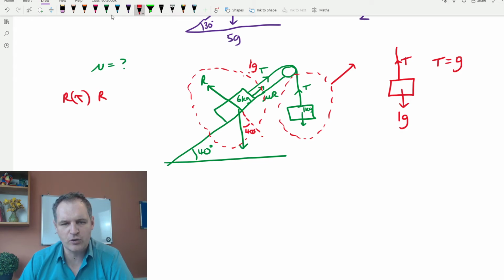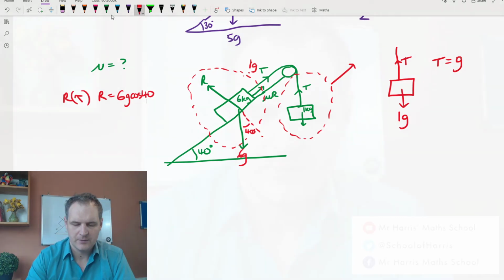We can also ignore mu R. So the only other force getting into here is going to be R equals 6g cos 40. So we've got R is 6g cos 40, and that's the forces going that way, and they equal each other. So we can work that out.